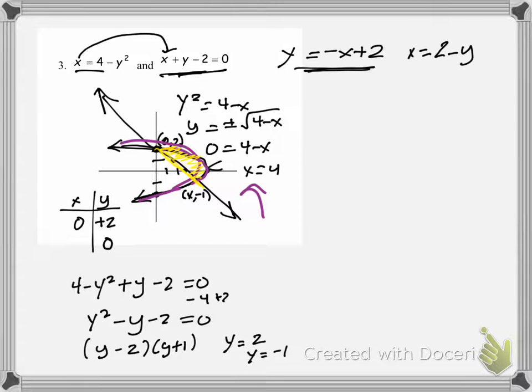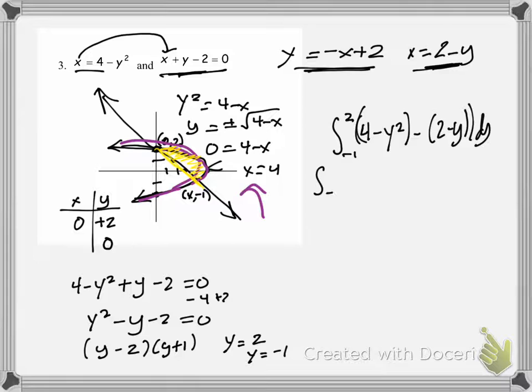So that would be the integral from negative 1 to 2 of the top one in terms of x. So that would be 4 minus y squared, minus, this is how we solved this one for x, 2 minus y, dy.